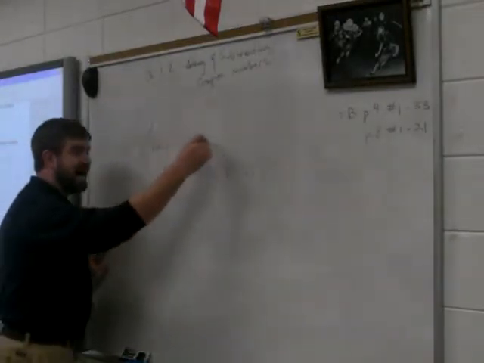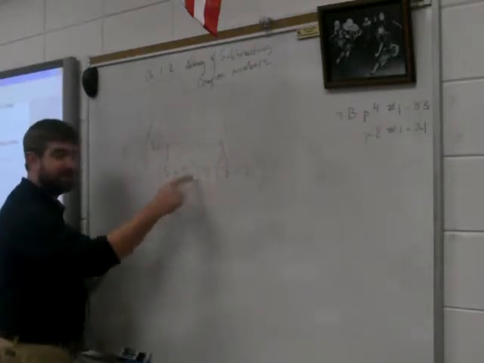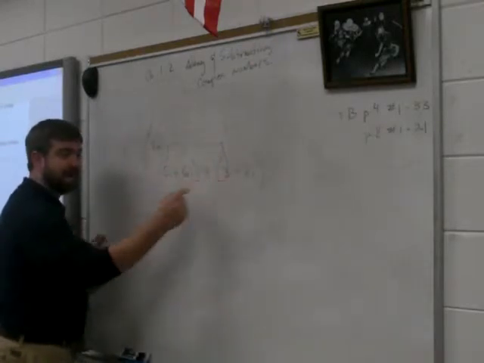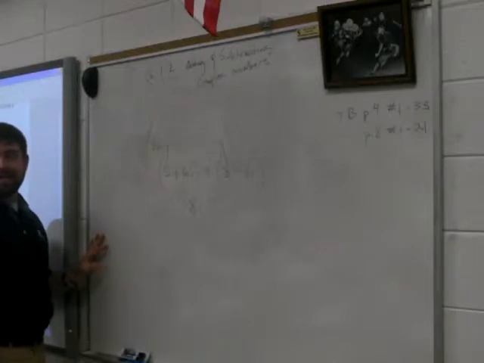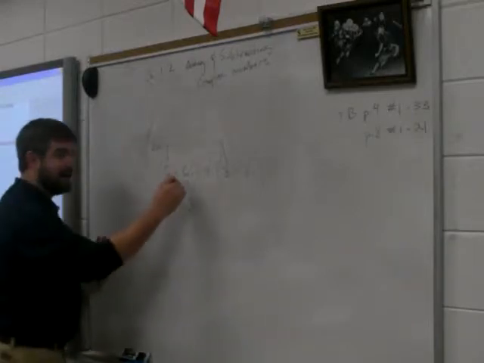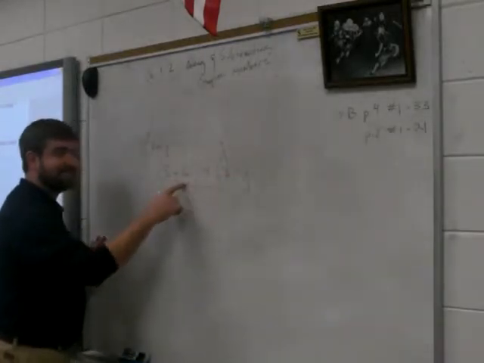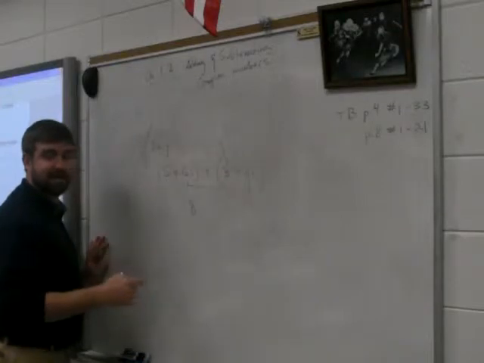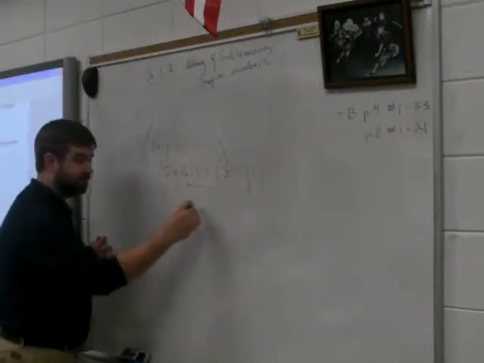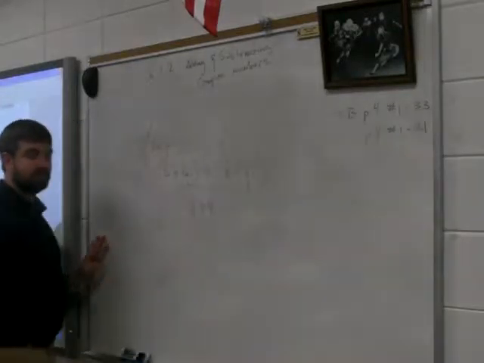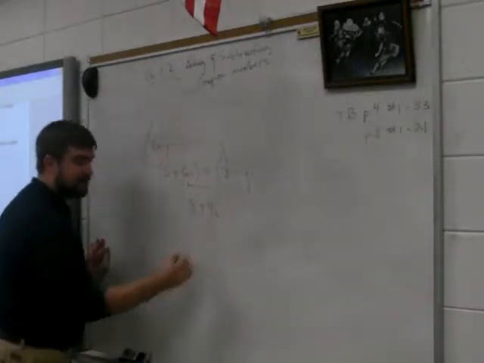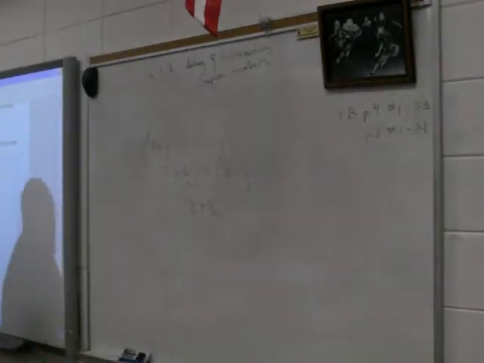I'm going to say 5 plus 3, my real numbers, and I get 8. Then I combine my imaginary numbers, 6i plus negative 2i, and I get what? 4i. Very good. So my answer is 8 plus 4i. That is the new complex number that I get when I add these two complex numbers.